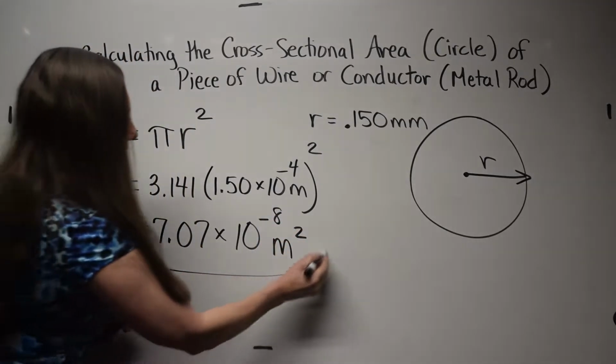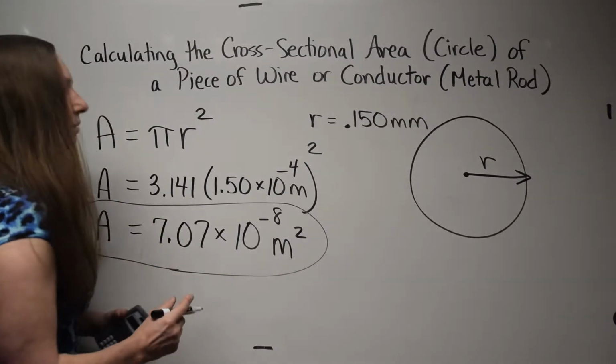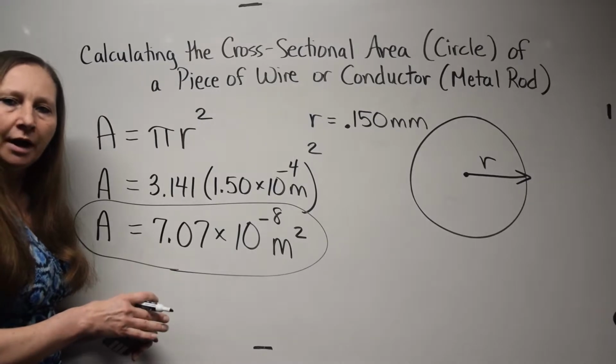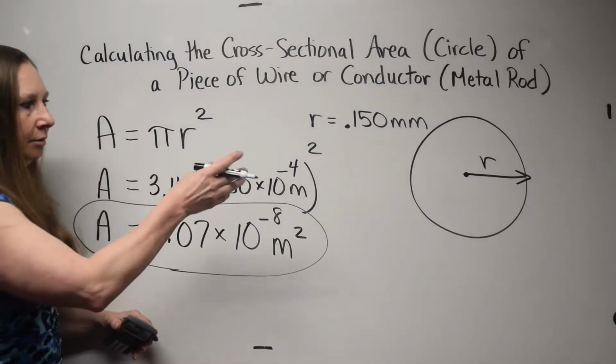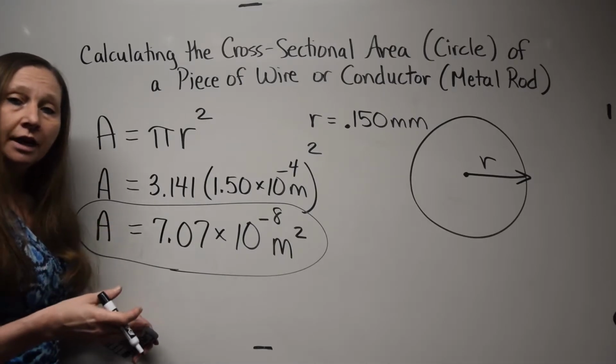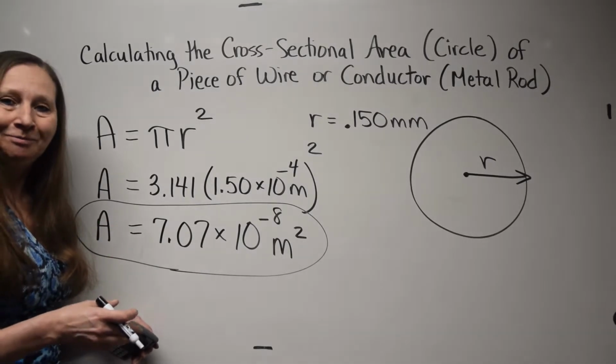So this is the cross-sectional area, the area of the little circle at the end of a piece of wire. And you would do the same process if you were calculating the cross-sectional area of a conducting rod.